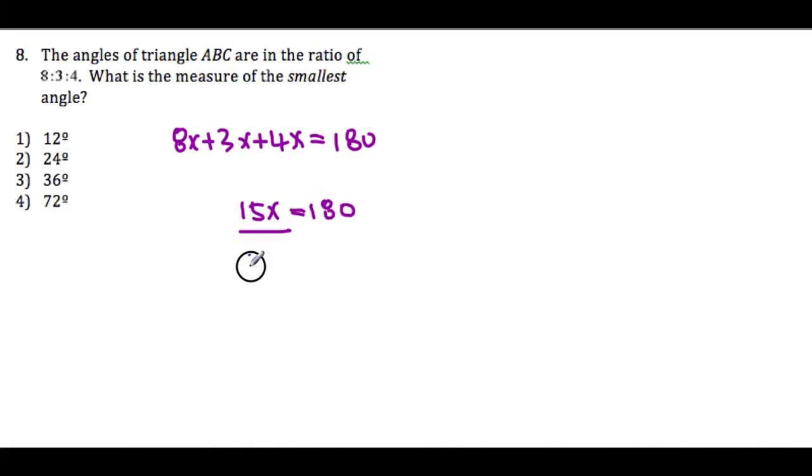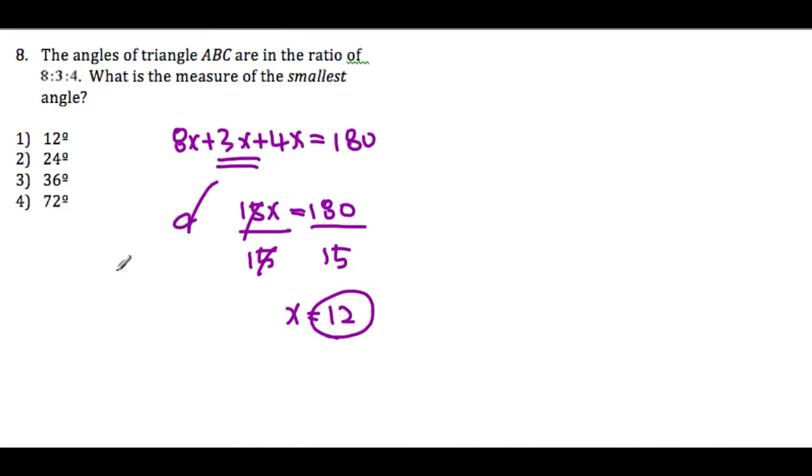Now, if you divide by 15 from each side, then the value of x becomes 12. So now 12 is x, but it's not the measure of the angle. Our smallest angle would have been 3x. So therefore, 3 times 12, which is equal to 36, becomes our smallest angle, choice 3.